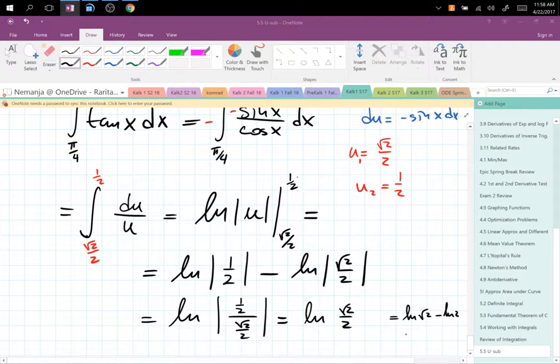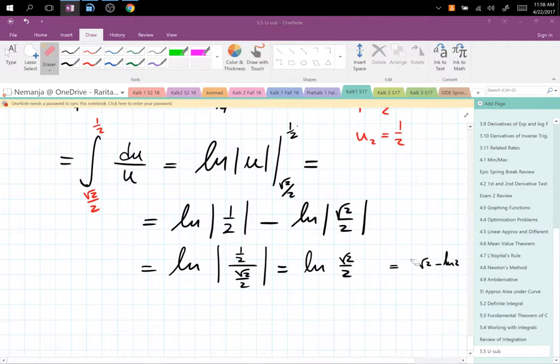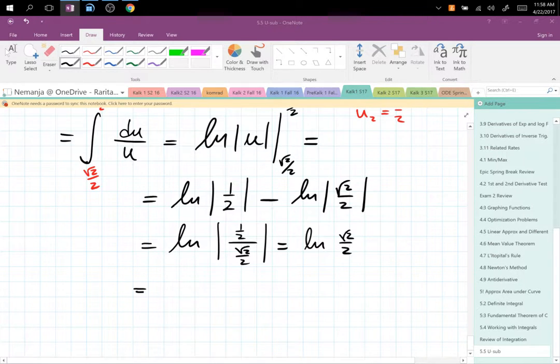2. Oh, actually you can really compress this. Look at this. I love these ln's.